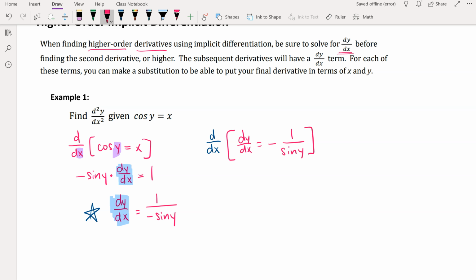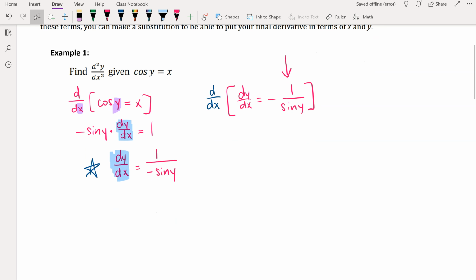Okay, and then really quick, y'all, we're going to take the derivative of this side. Let's rewrite it to make it look like something we know how to take the derivative of. So we're actually taking the derivative with respect to x of dy dx equals negative, and this is sine of y to the negative 1, right? The exponent is negative 1 because it's in the denominator and it has an exponent of 1.